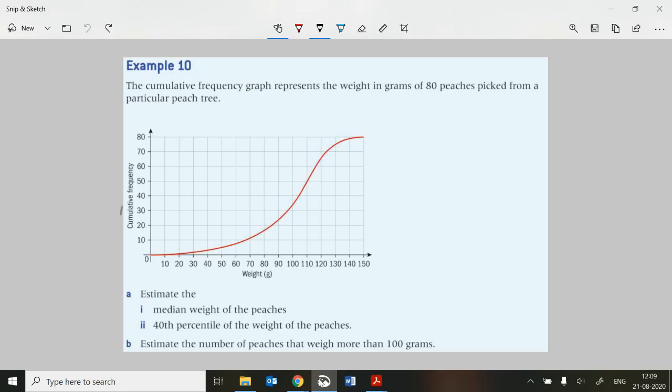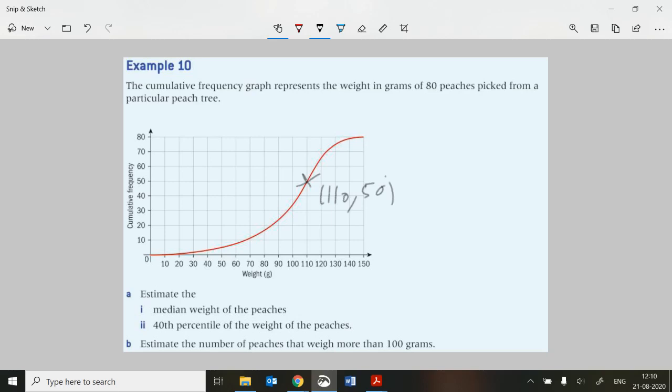One way of talking about cumulative frequency is that it is really an accumulation of your frequency throughout. So if I take a point here, for example, this point here, this is the point 110, 50.